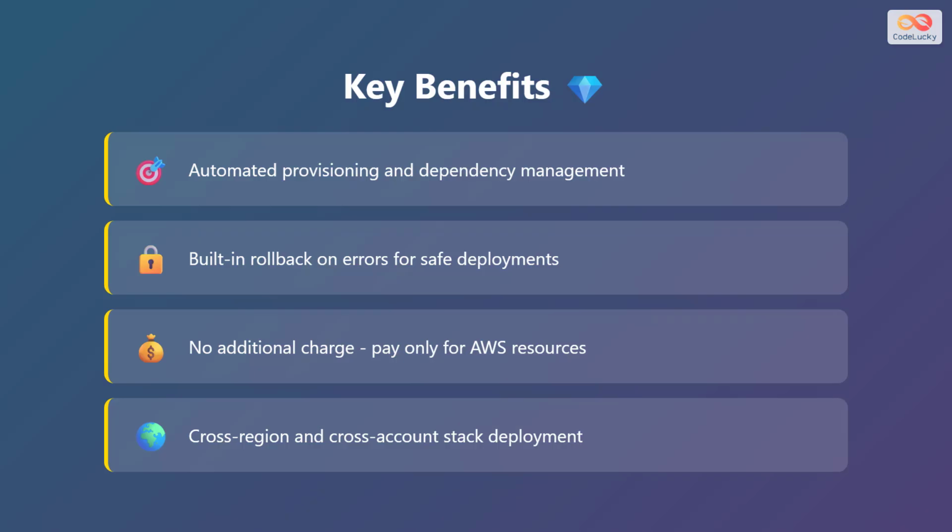Third, no additional charge. You only pay for the Amazon Web Services resources you create, not for using CloudFormation itself. Fourth, cross-region and cross-account deployment. Easily deploy the same infrastructure across multiple Amazon Web Services regions or accounts, enabling consistent multi-region architectures.